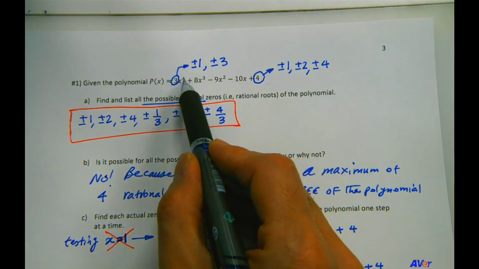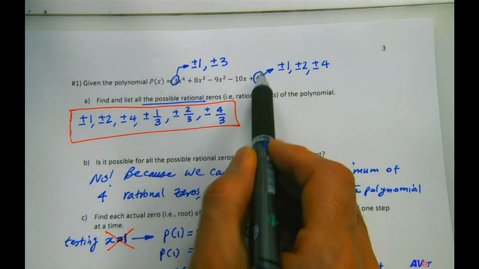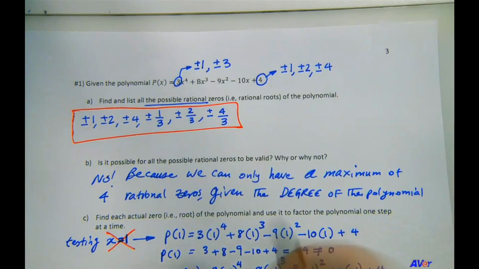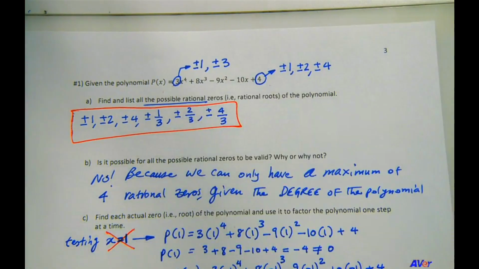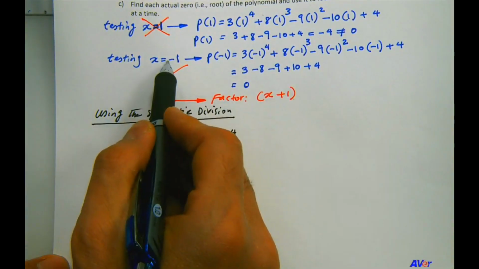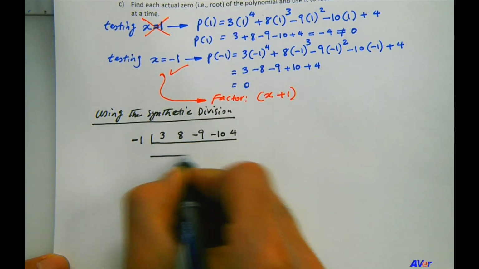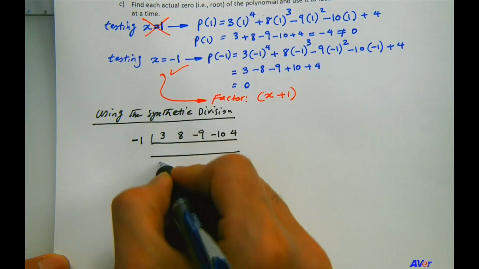See, we have power 4, power 3, power 2, power 1, and no power, no x, right? So there is no gap. So we don't put a 0 anywhere. And what about the c? Well, this is x plus 1. So c must have been negative 1.